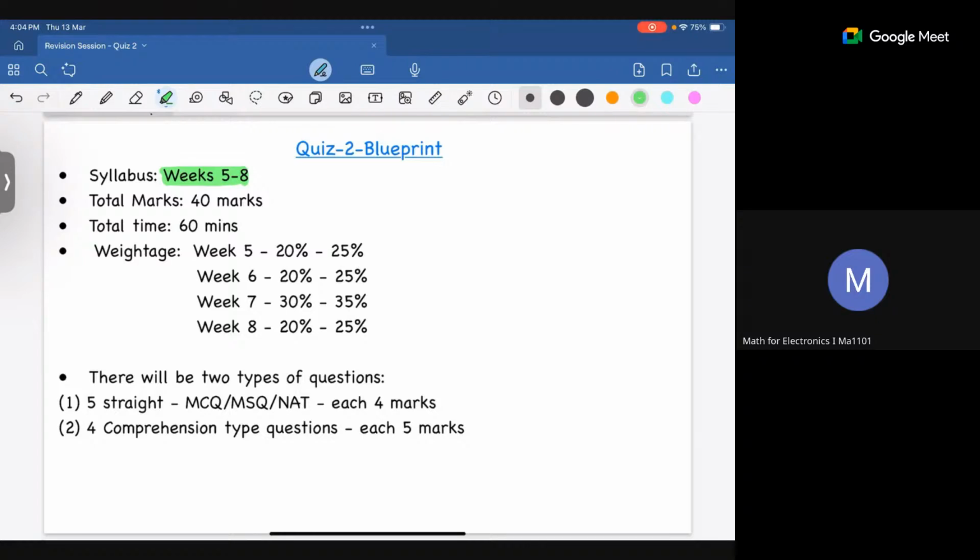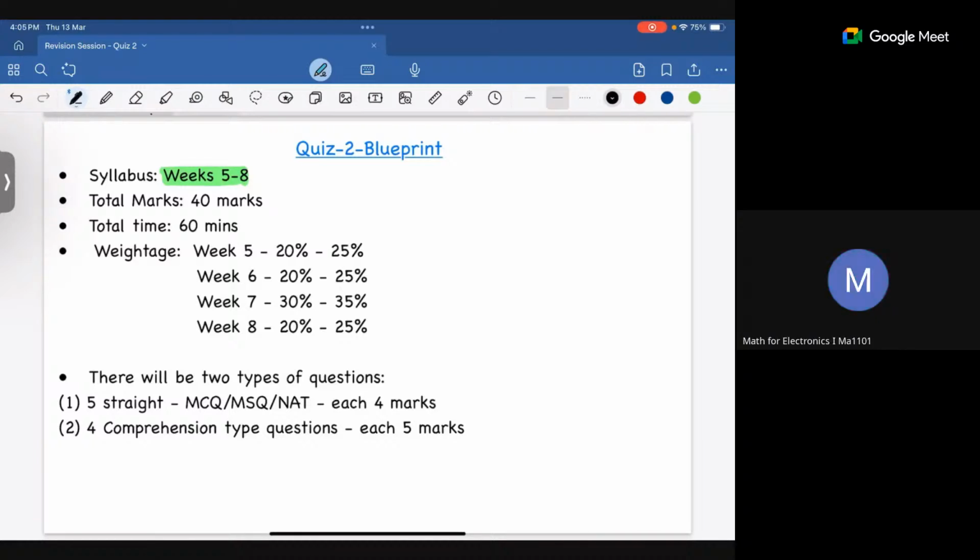If I talk about questions, it is the same as quiz 1. You'll have some straight questions without comprehensions, each carrying 4 marks, so 5 fours are 20, and there will be 4 comprehension type questions, each carrying 5 marks. So 4 times 5 is 20. 20 plus 20 will sum up to 40 marks.